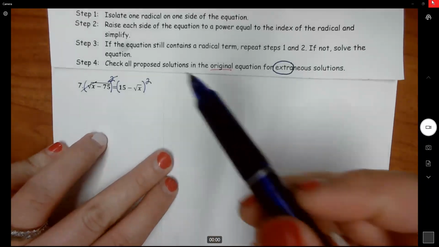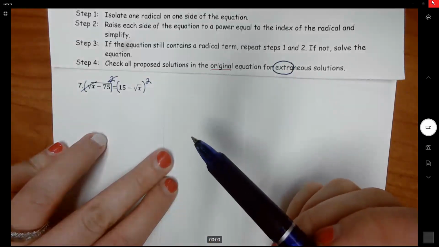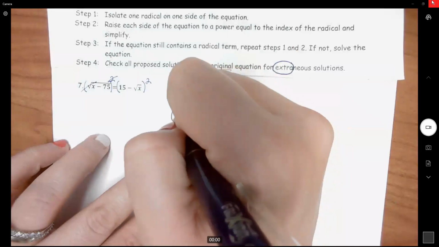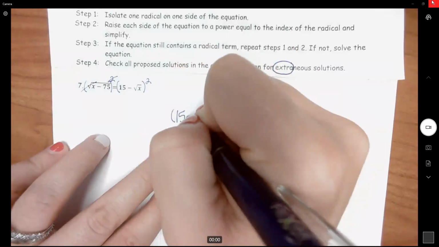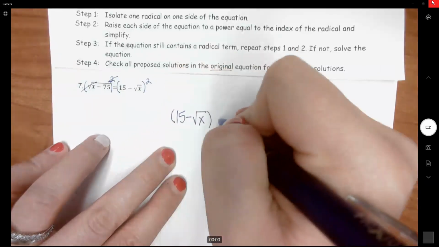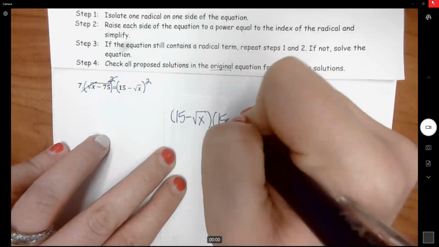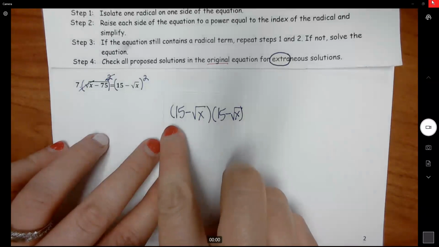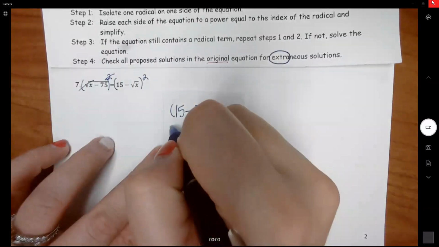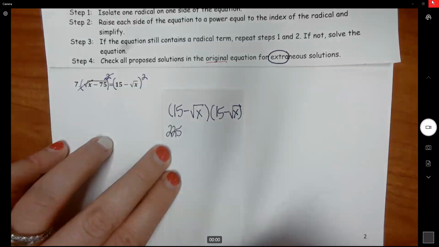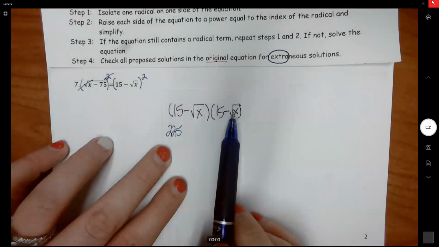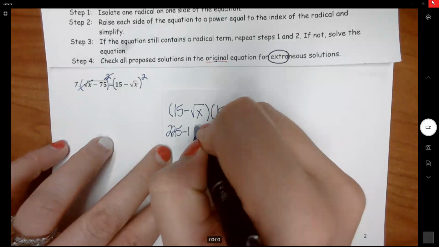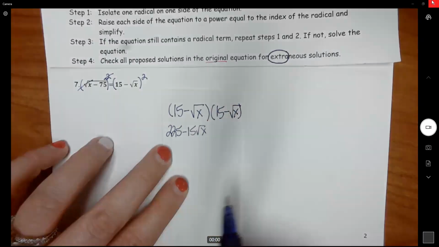You cannot distribute that 2, you have to expand it out and then FOIL. So this is 15 minus the square root of x times 15 minus the square root of x. 15 times 15 is 225. 15 times the negative square root of x is negative 15 square root x.